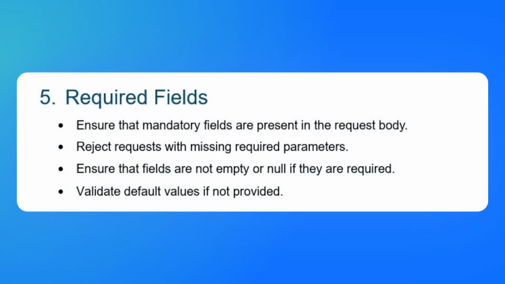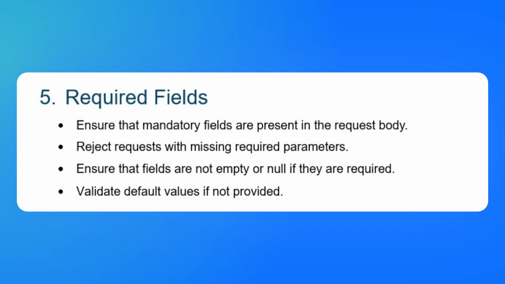Required field: ensure that mandatory fields are present in the request body. We need to make sure which fields are required. A required field should have proper data in it. If there is a required field, for example name, the key is name, and the value should be something; it should not be empty.